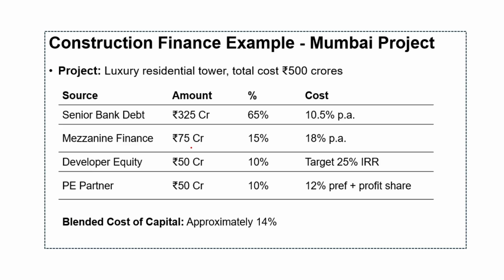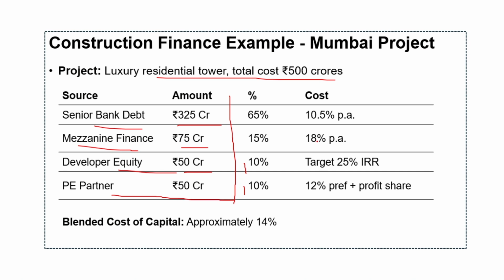Then we have one construction finance example. So here you can see this particular luxury residential tower, which is costing around 500 crores, how the breakup of different financing options are from 325 crore for senior bank debt to 75 crore for mezzanine, 50 crore for developer equity, which is 10%, and 10% for PE partner investment financing.